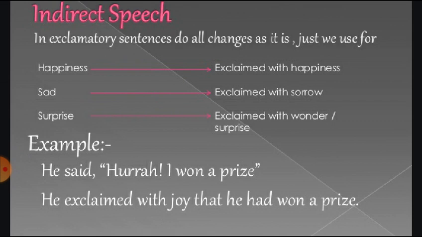So here you can see said is changed into exclaimed with joy, because in the direct speech hurrah is used, and hurrah shows happiness. That's why whenever a sentence shows happiness, it is better to use exclaimed with joy. So this is one thing.